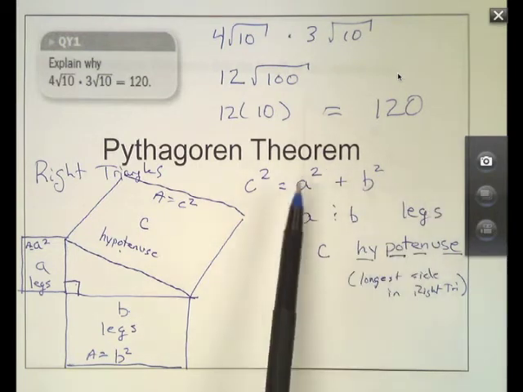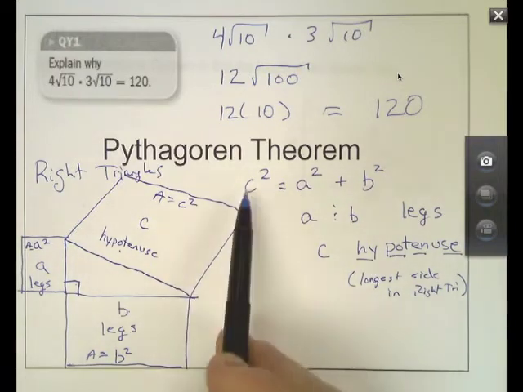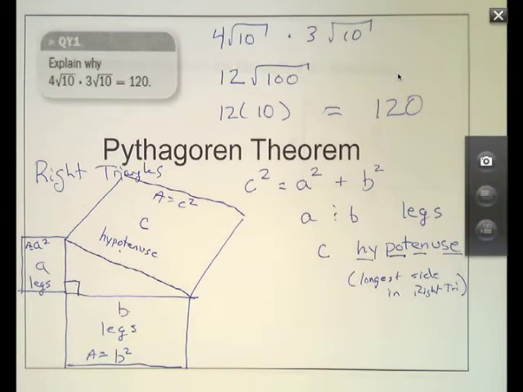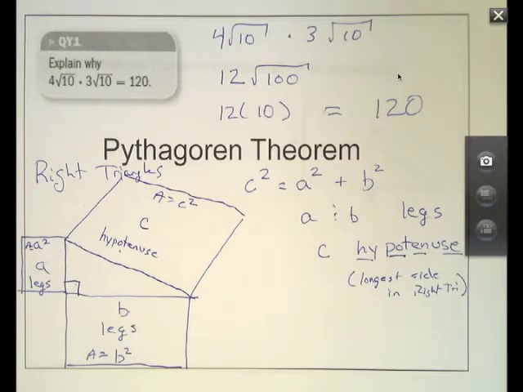So if I square A and I square B, that has to equal C squared, which is the area of C. And that's where the Pythagorean theorem came from.